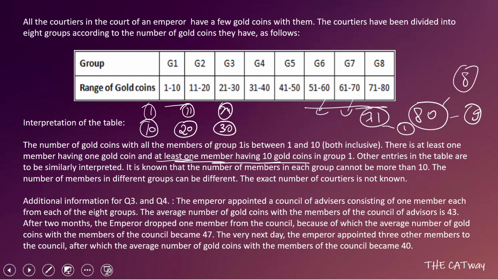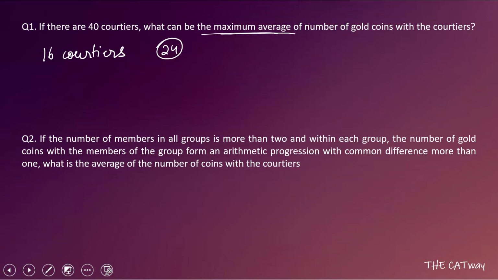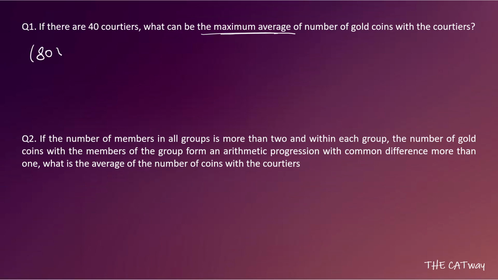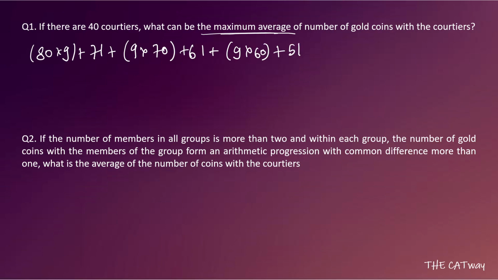So how will our calculation be? There are 9 people with 80 and one with 71. There are 9 people with 70 and one with 61. There are 9 people with 60 and one with 51. After that it is 1 plus 10 plus 11 plus 20 plus 21 plus 30 plus 31 plus 40 plus 41 plus 50.